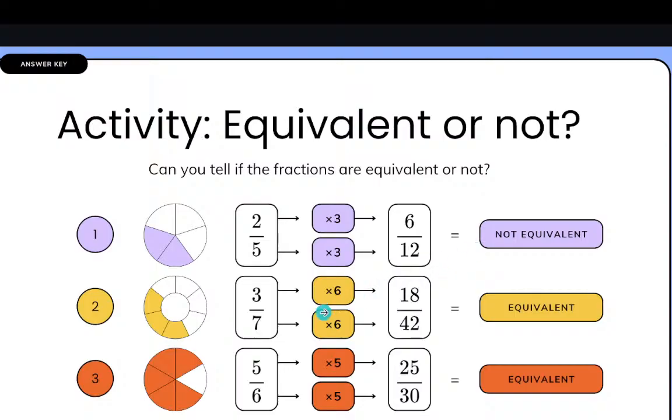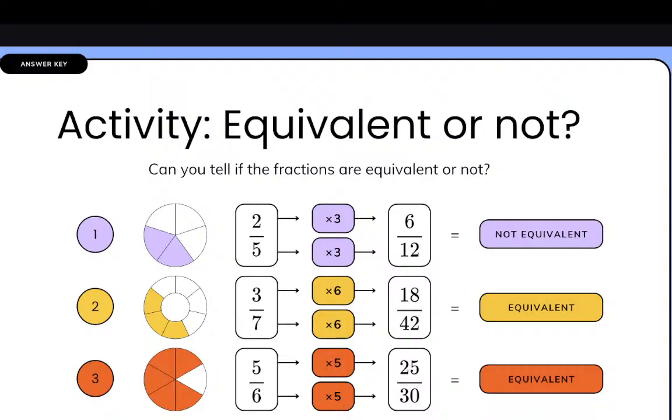Then we have number 2, which is 3/7 times 6 for both the numerator and the denominator. 3 times 6 equals 18, which is our final numerator there. And then 7 times 6 is 42, which is the final denominator value.